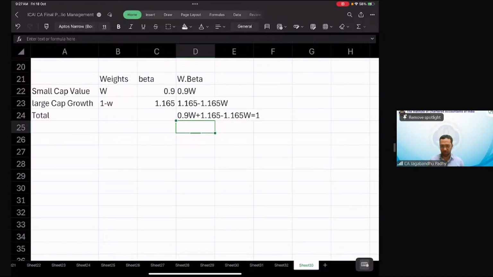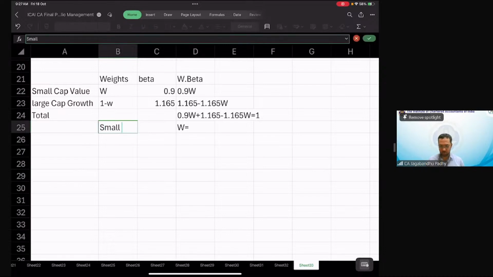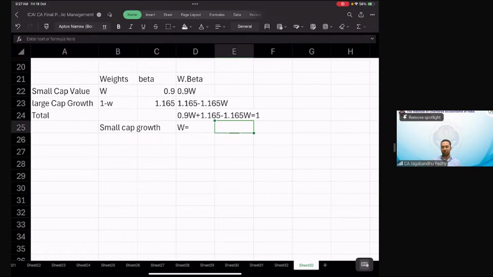So can you solve this and give me the value of W, which will be, of course, the small cap value weight? You can just solve it and give me the value of the weightage of small cap value.